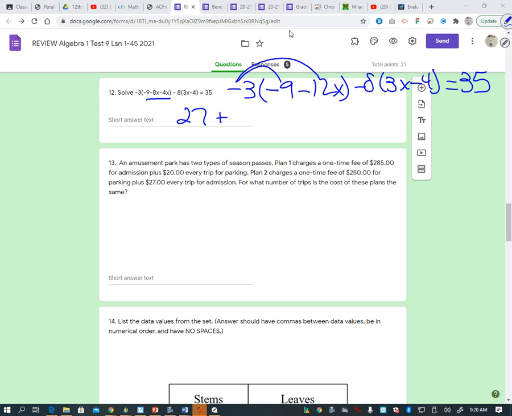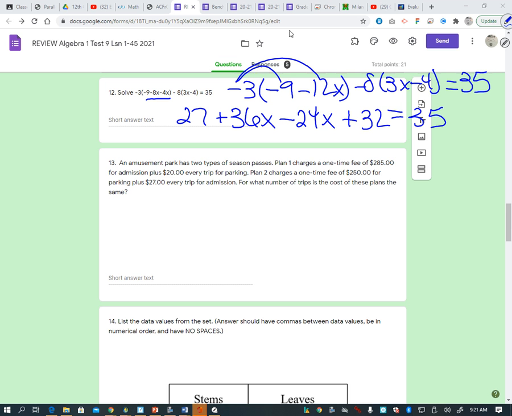Okay, so think of it as 3 times 12. 36 what? Okay, so I got 27 plus 36x. Now let's come over here. What's negative 8 times 3x? It's 8 times 3. 24x. Negative 24x. What's negative 8 times negative 4? Positive 32, right? Equals 35.